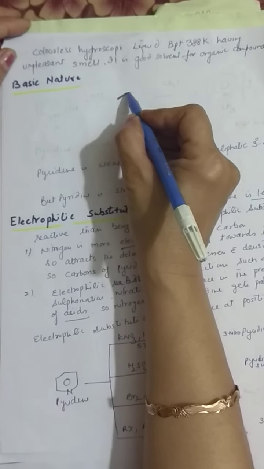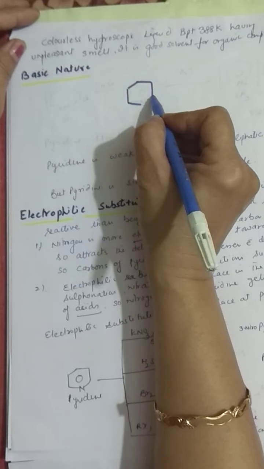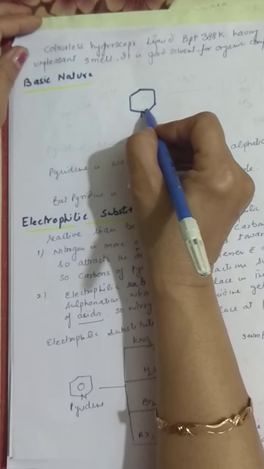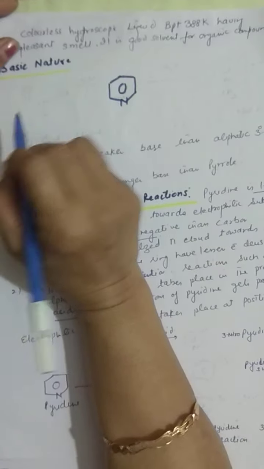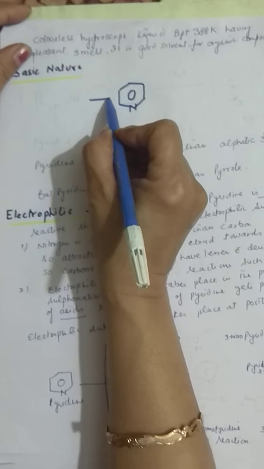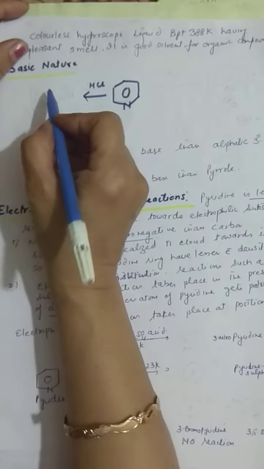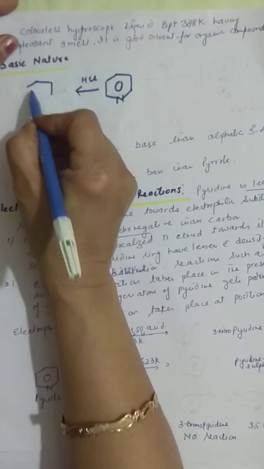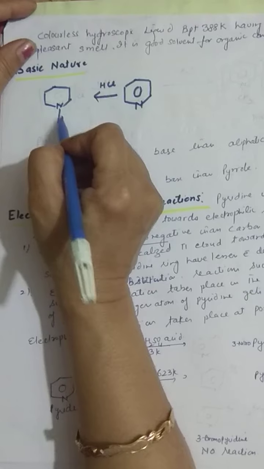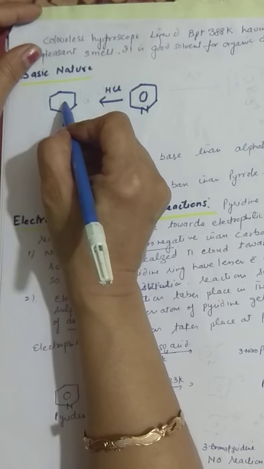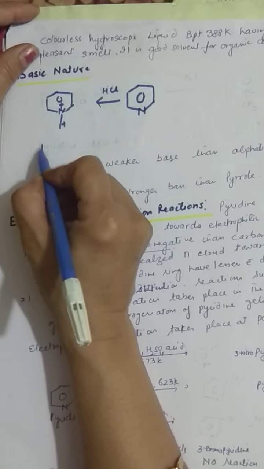Because pyridine has a lone pair of electrons, it behaves as a base. See its basic nature. When pyridine is treated with HCl, we have this pyridinium chloride salt.